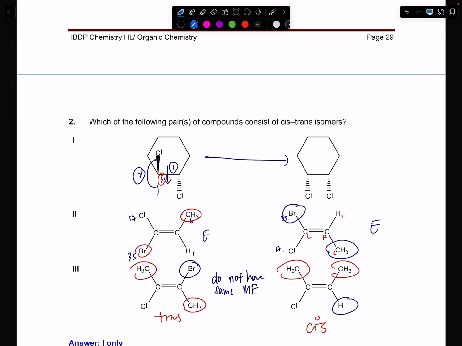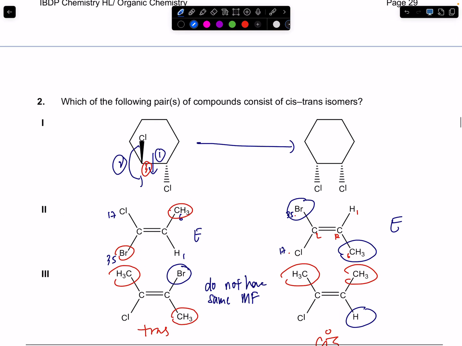Alright, so let's start off with the first one. The first one is a form of cis-trans isomerism. As you can see, this is trans, right? Opposite side. This one is cis, similar side.